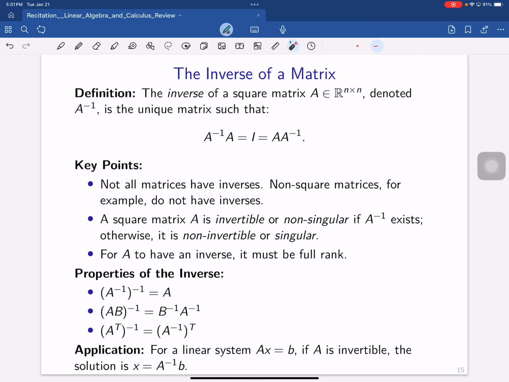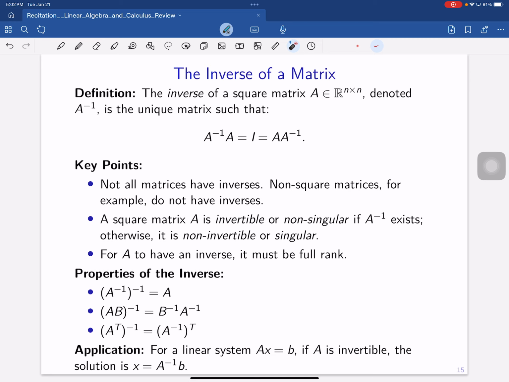Then for a linear system AX equals B, if A is invertible, then X equals A inverse times B. So this is how you solve linear equations: if A is full rank, you can just take the inverse on both sides.